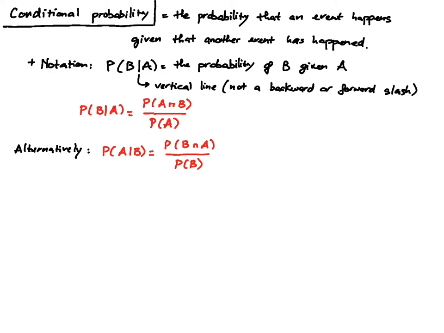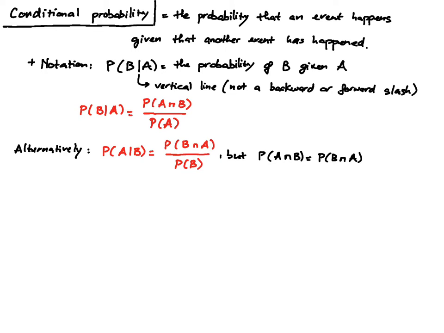But note that the probability of the intersection of A and B and the probability of the intersection of B and A are the same thing, because if you draw a Venn diagram, the intersection of A and B and the intersection of B and A are the same area.